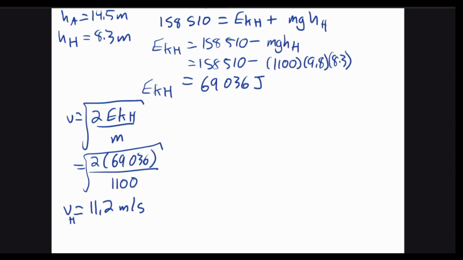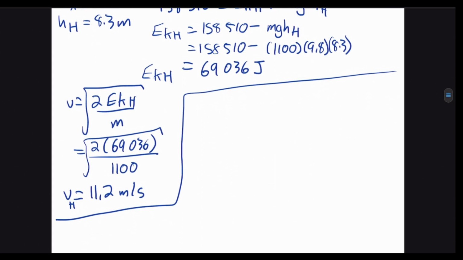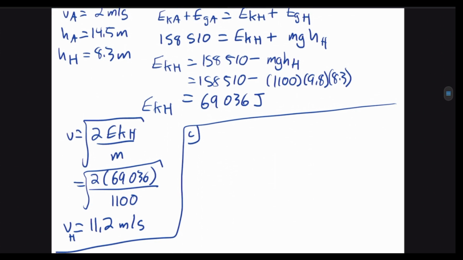Final question C. What constant braking force would have to be applied to the roller coaster at point H to bring it to rest in a horizontal distance of 5 meters? All right, I'm going to work here, and let's list our variables and then dive into it. So we know that the total energy in our system at this point, because the total energy at one point is the total energy at any point.